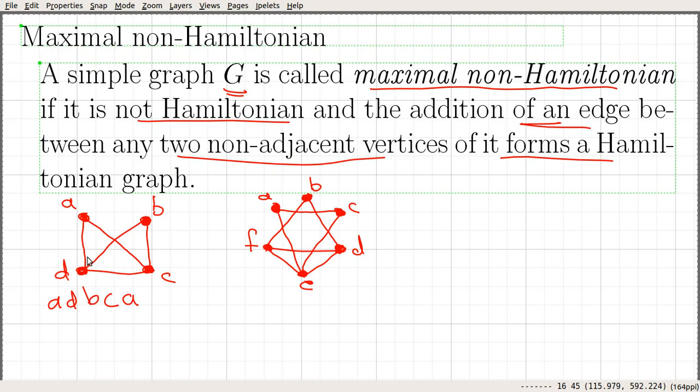Every vertex is visited exactly once here: A, B, C, D. Similarly, if you add the other edge A, B, you will definitely get a Hamiltonian graph. Again, the Hamilton cycle will be A, B, C, D, A. So this is an example of a maximal non-Hamiltonian graph.